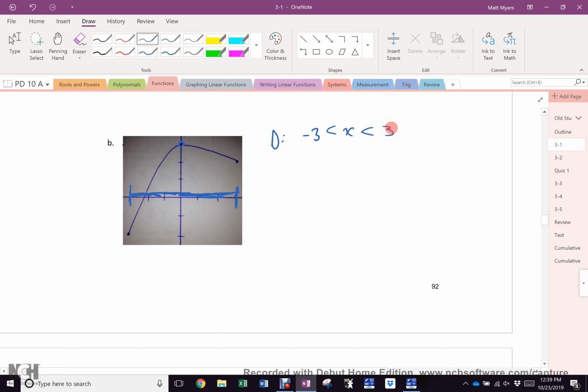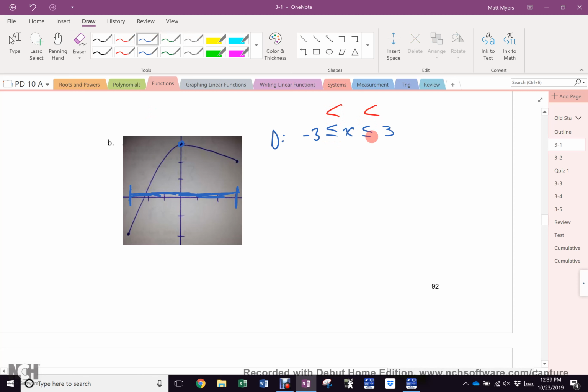Now, all of you are aware that the hungry alligators, or the crescendos, or the less than signs, the Pac-Men, have an ugly cousin that has that little equal sign there. Which one of these do you think is correct? Is it the hungry alligator, or is it his ugly cousin?